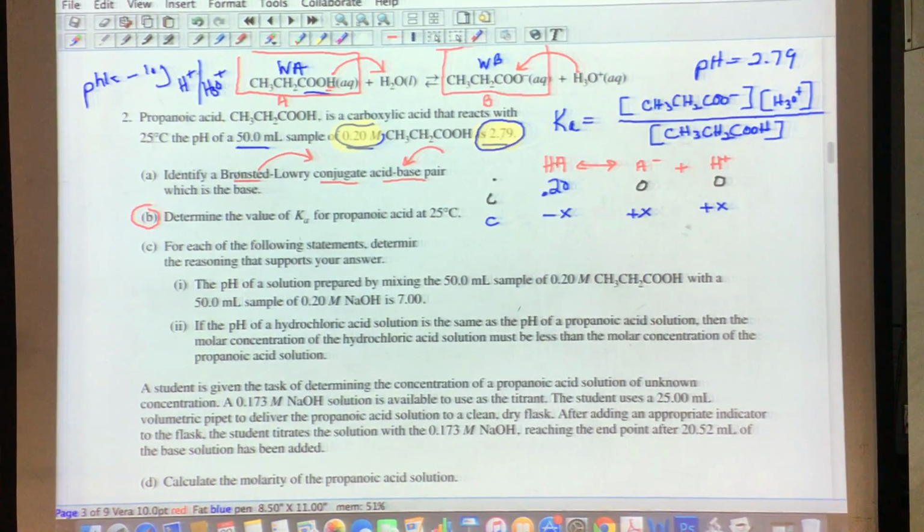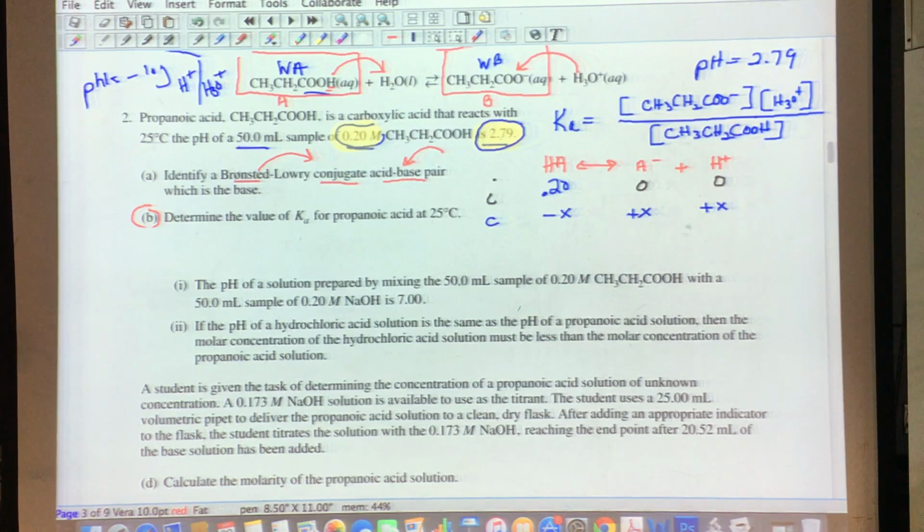To go from a negative log or from pH back to a regular number, how do I do that? Right, I need the value. So the pH is equal to 2.79. To get back what the H plus concentration is, I go 10 to the negative X, 10 to the negative 2.79.